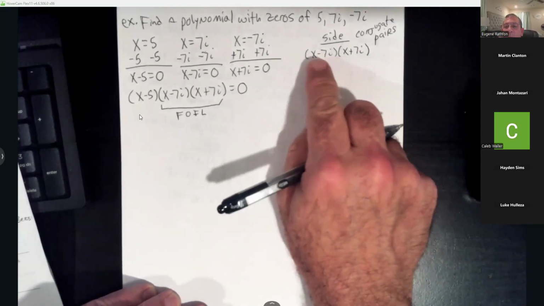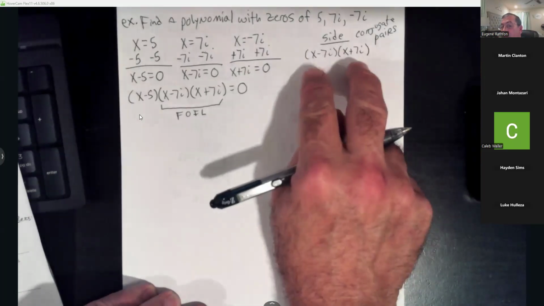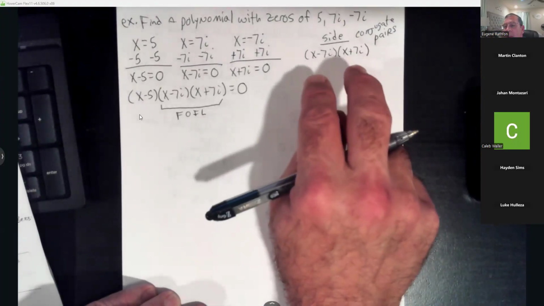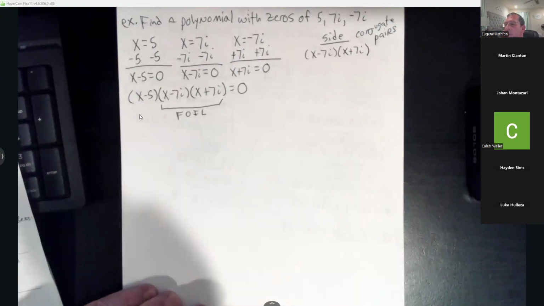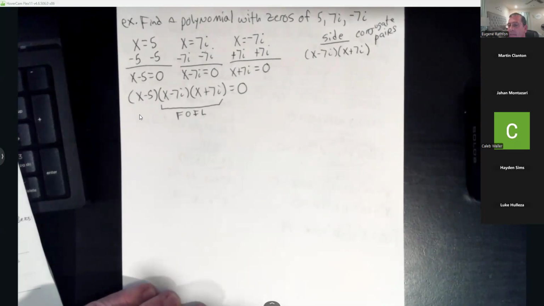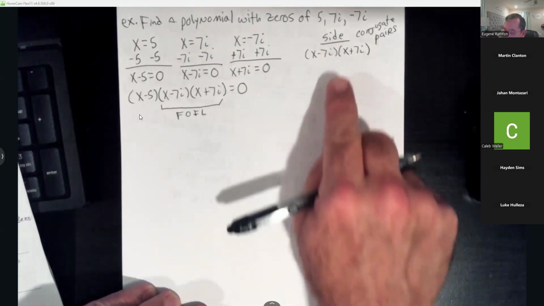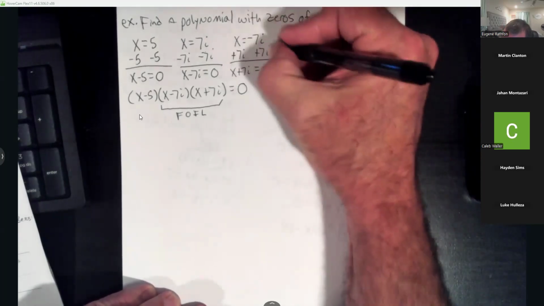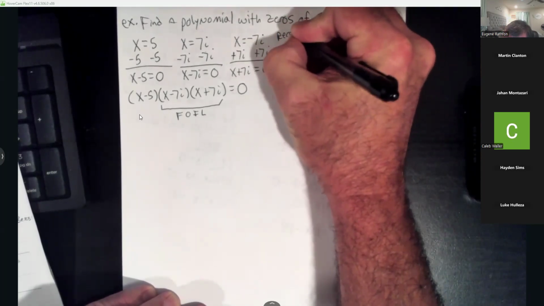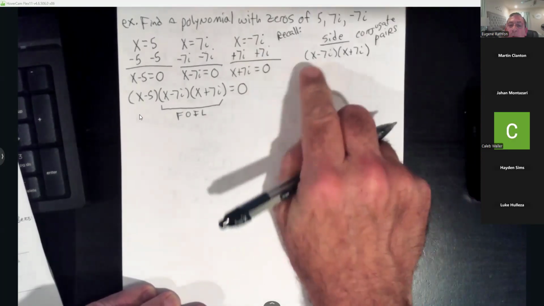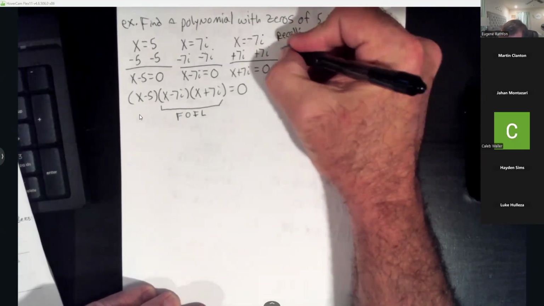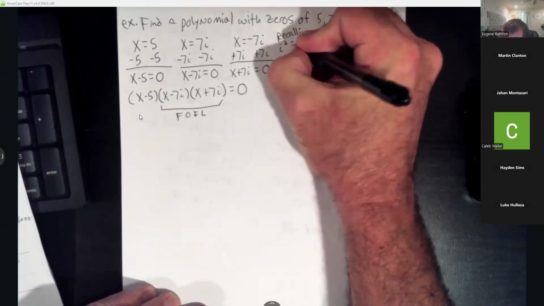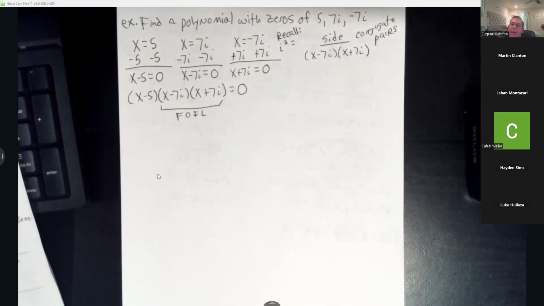And what's nice, when you FOIL conjugate pairs of imaginary numbers like this, the i will disappear. Now, what's going to help us in doing this problem is you need to recall one thing: when you get an i squared, let me pull that calculator up and show you.